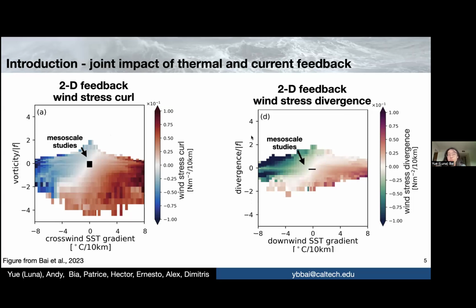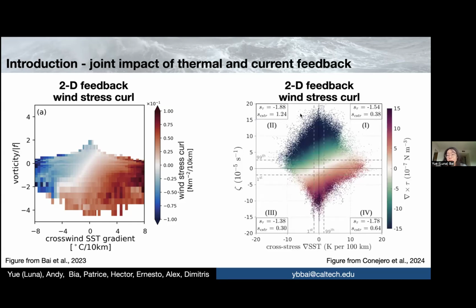Wind stress divergence is of great importance to the atmospheric side because it could potentially modify or induce vertical velocities and modify structures in the atmospheric boundary layer. But in the study that I'm going to talk about, we're going to focus primarily on the wind stress curl.